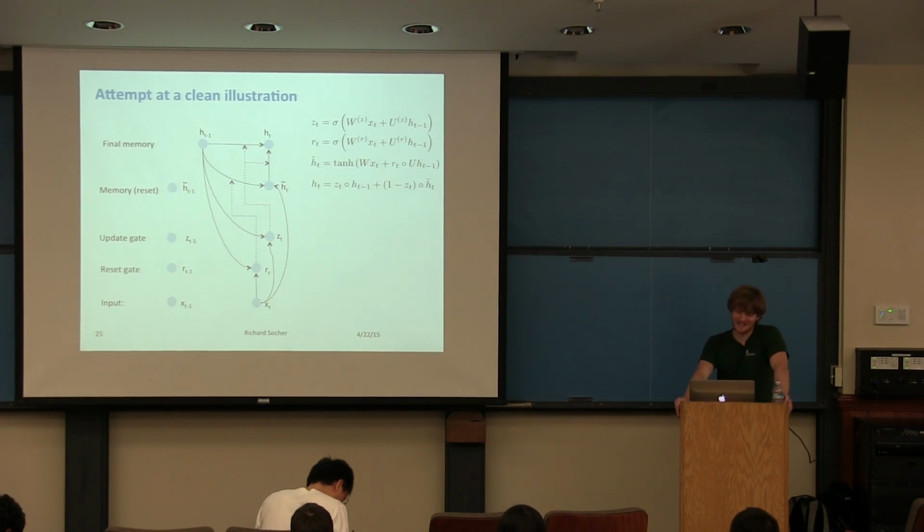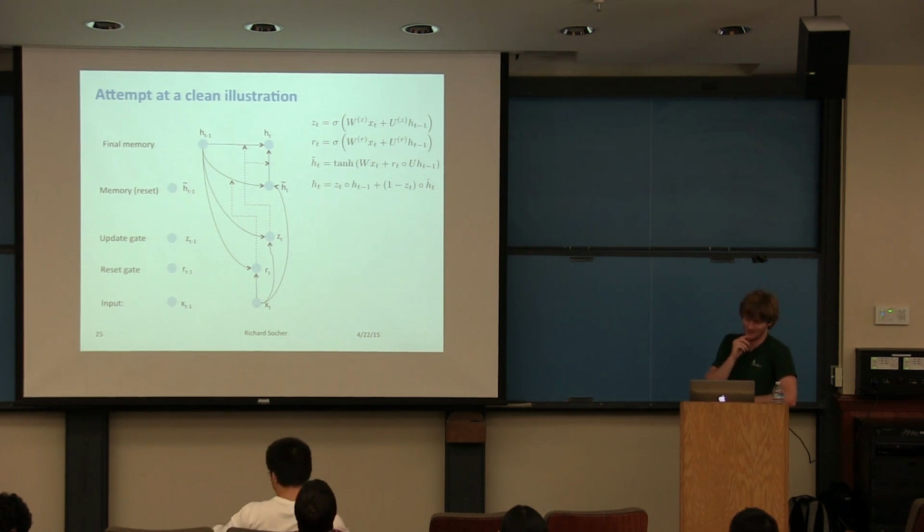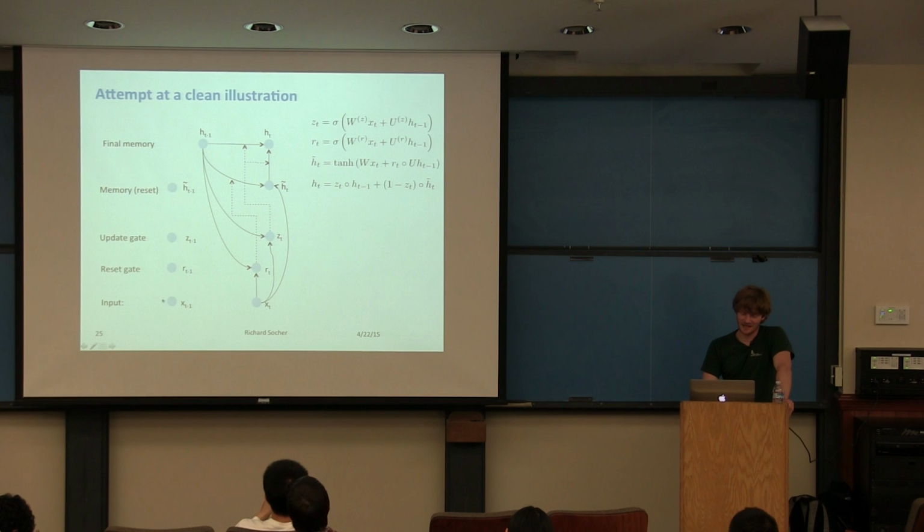Here's my attempt at a clean illustration. I am not really happy with any of the illustrations that are out there in the original papers, but honestly, I don't think this is the best one either. I don't think there's a super nice, clean way to visualize this. But at least, here's one attempt. So to understand these, each of these is basically a vector.